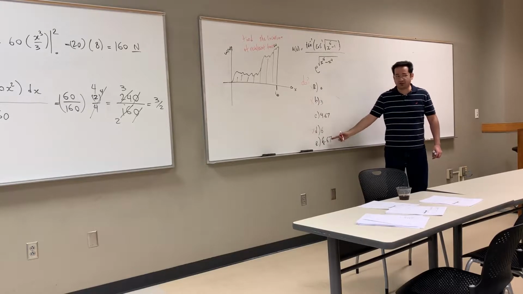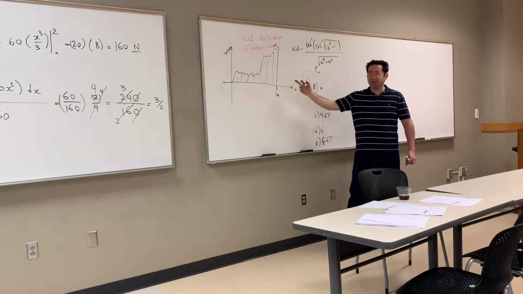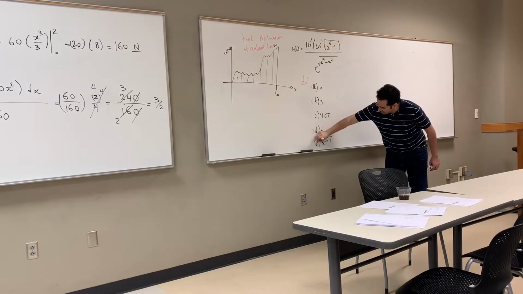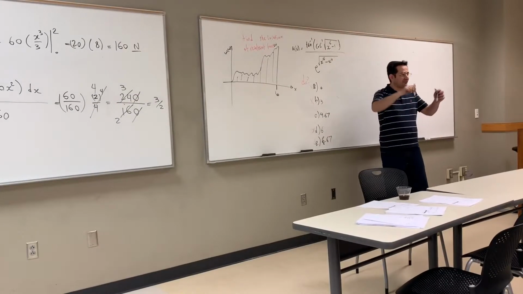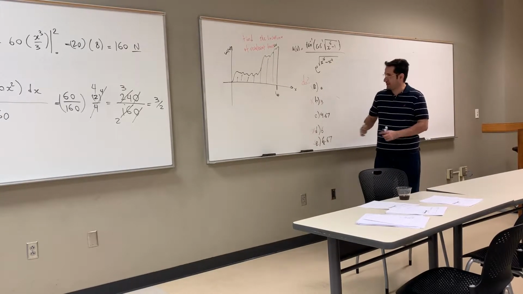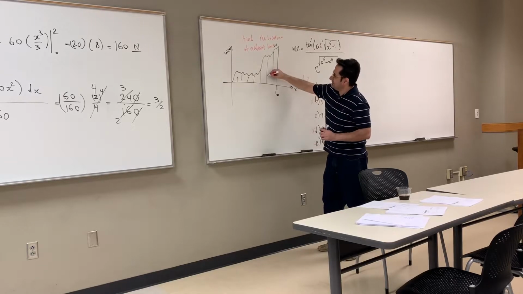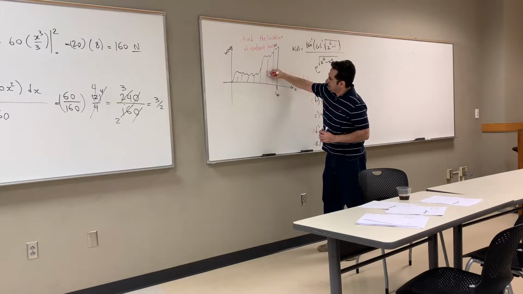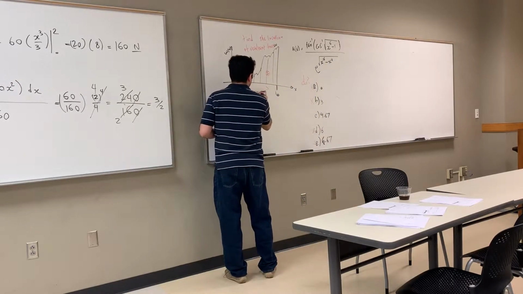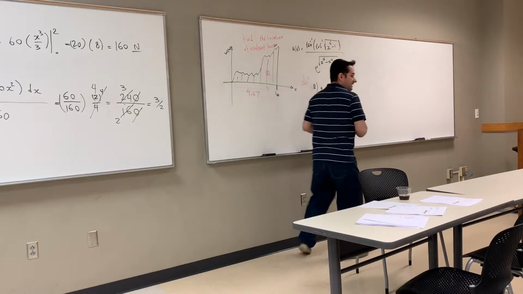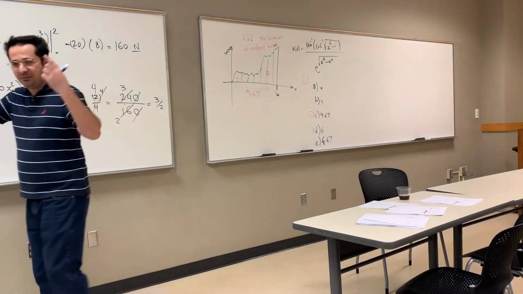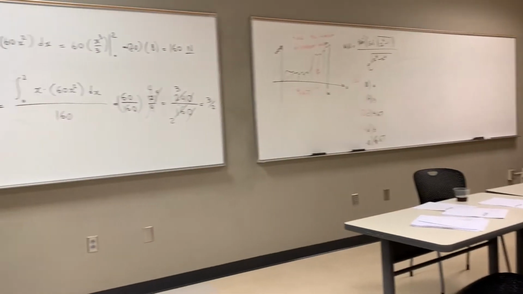Of the remaining two, one is after 6 and one is before 6. This one is rejected because it's after the range, not within the range. So the only thing that makes sense is going to be somewhere here. This location is 4.67, because this is the only answer that remains. Not because you computed it, but because it's the only answer that makes sense, right?